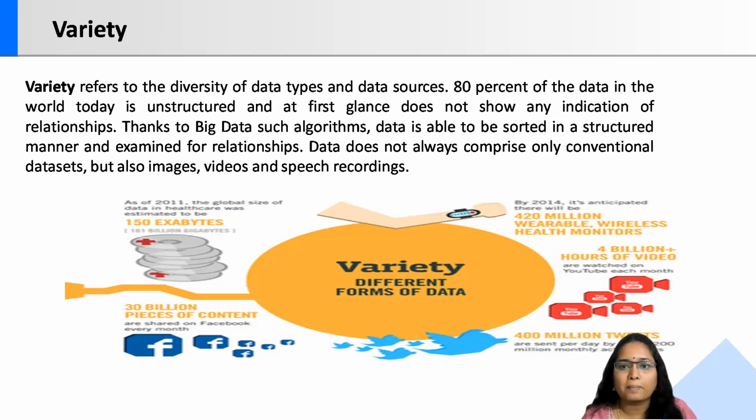Data does not always comprise only conventional data sets, but also images, videos, and speech recordings. So it's not only structured data, it's handling unstructured data like images, videos, and speech produced by companies as well as online social media.